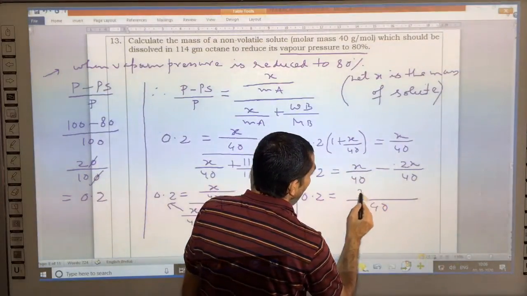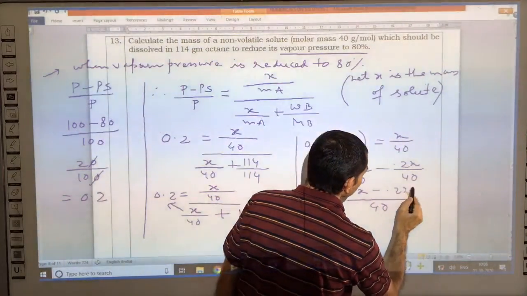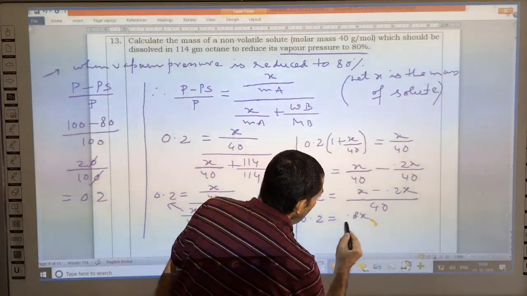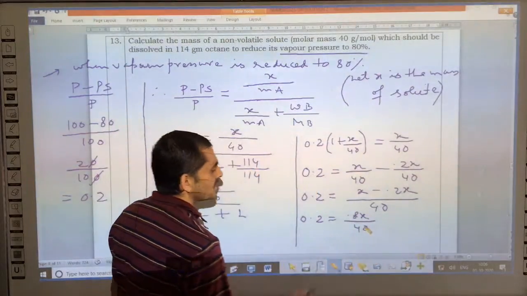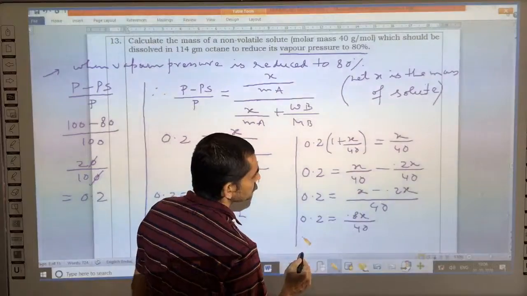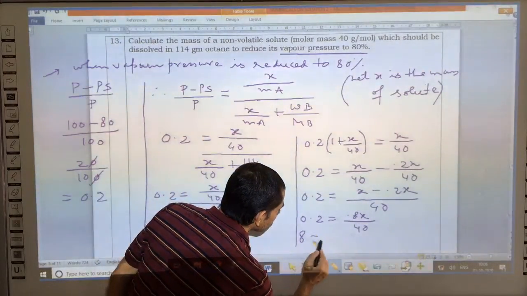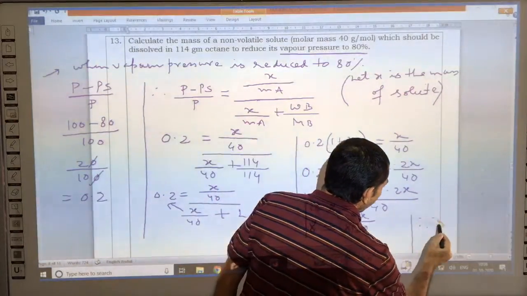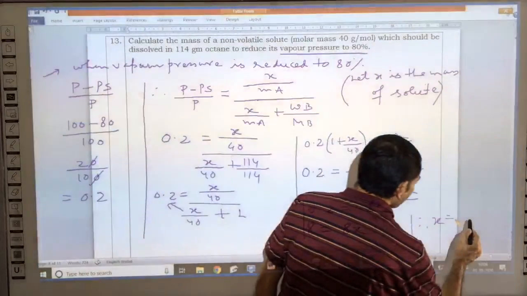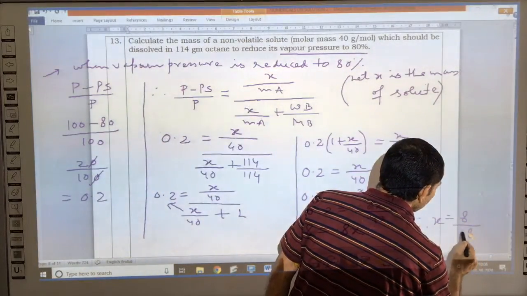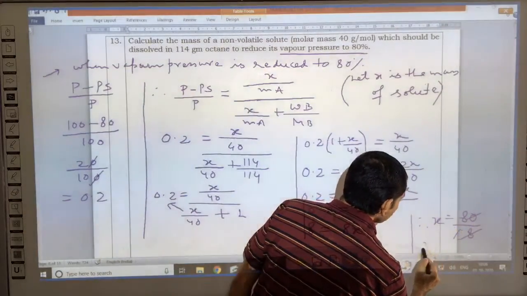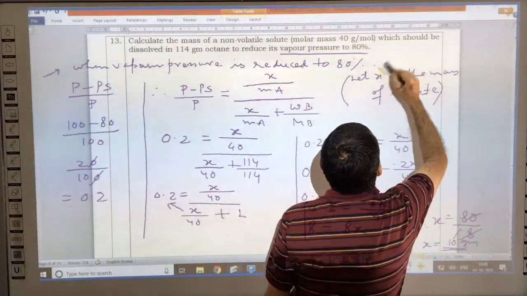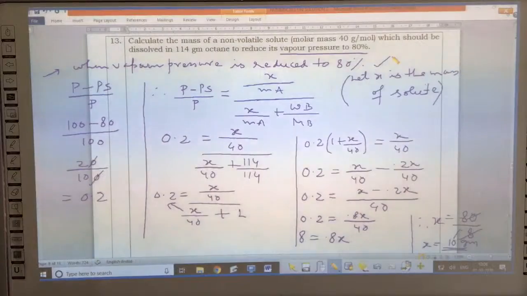This is X minus 0.2x, 0.8x. So 0.2 is equal to 0.8x upon 40, or 8 is equal to 0.8x. X we are going to calculate, therefore X will be equal to 8 upon 0.8. You solve it, you will get the answer. Your answer will be 10. So what was the mass of solute? 10 grams. This we have calculated. It is 10 grams. Understood?